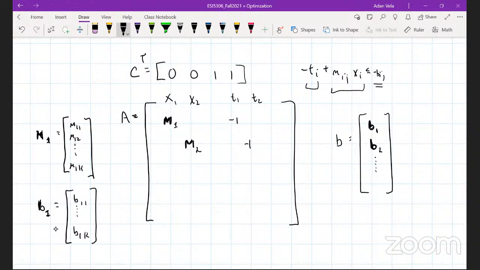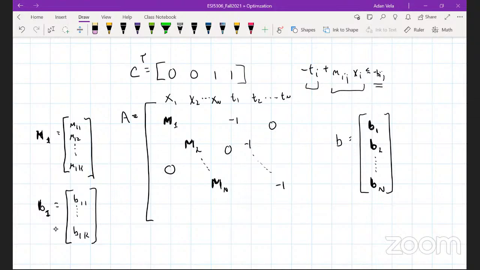And this is going to repeat for each separable function. So if we have n decision variables, each with their own function, then we're going to have n of these b vectors. And this can go all the way to xn, and this will go all the way to tn, in which case we end up with m n, and this will go all the way down to -1 for the tn. Everything else is going to be 0. So that will give you your A and your B matrix.